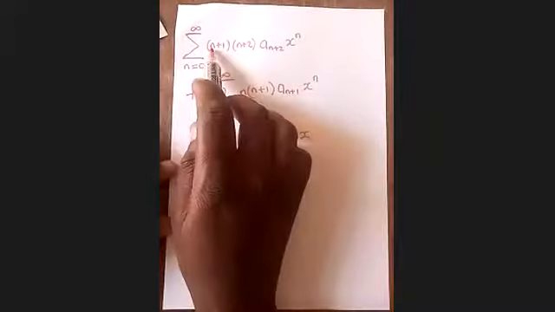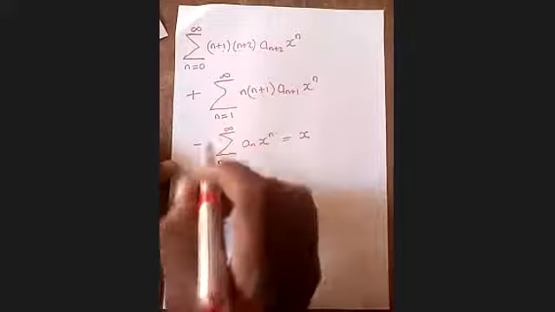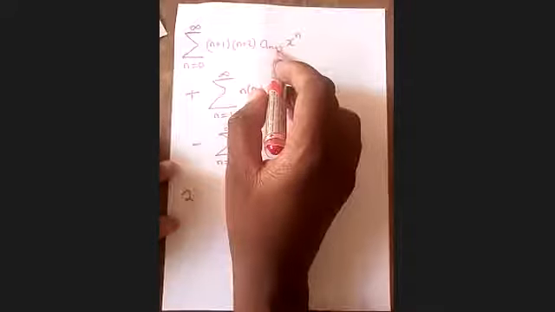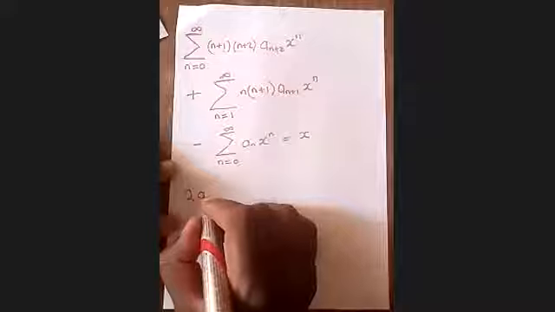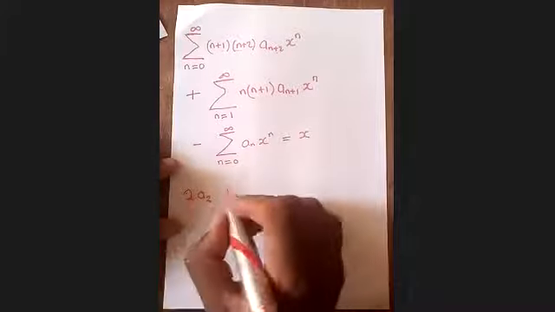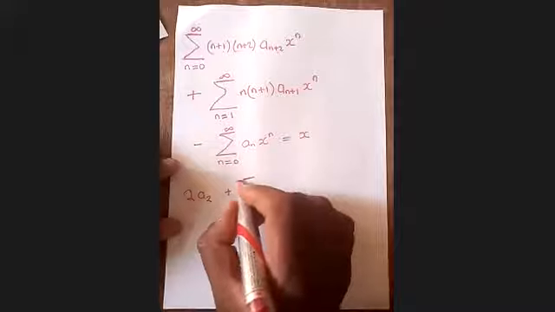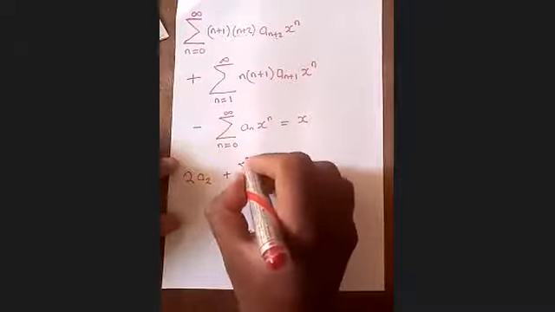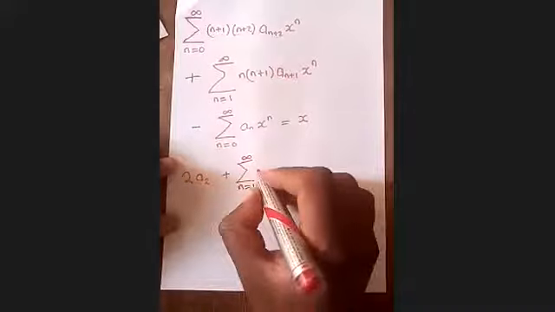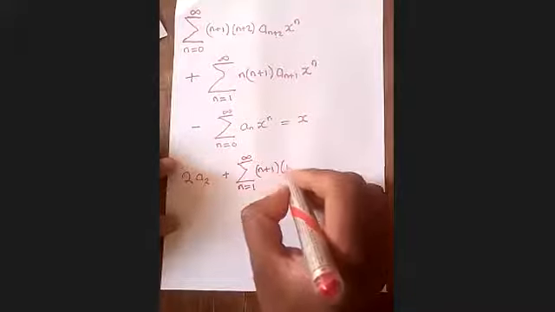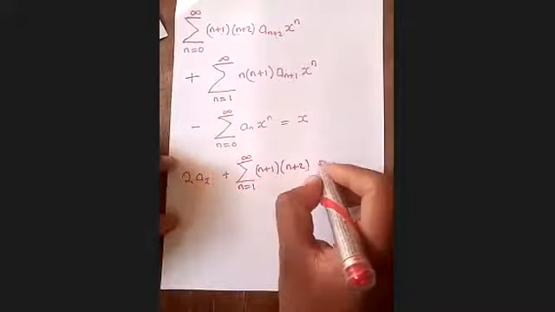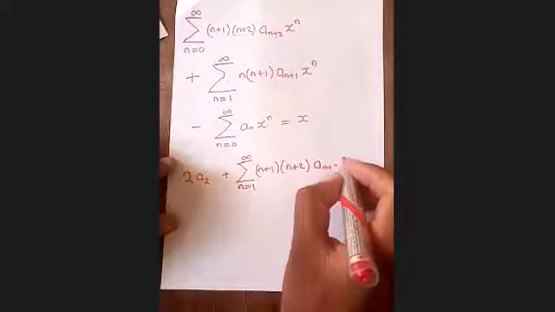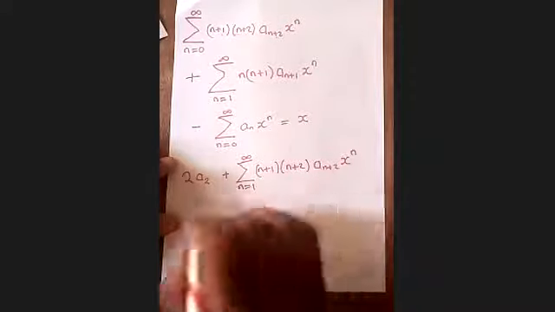In place of n, I put 0 here, I have 1, here I have 2, so it's 2. Here I have a2, x to the 0 is 1. So this is my first term, and then the other terms in this condensed form are n equals 1 up to infinity, n plus 1, n plus 2, a n plus 2, x to the n.